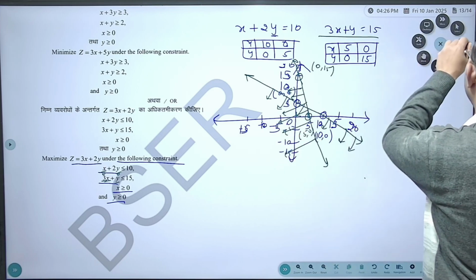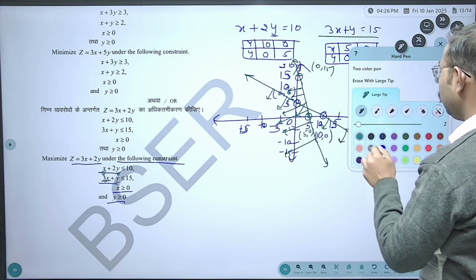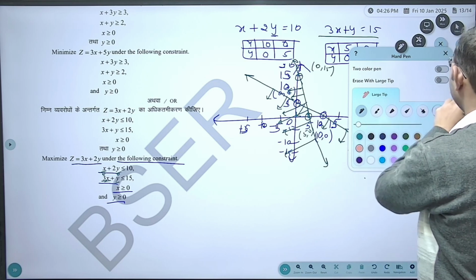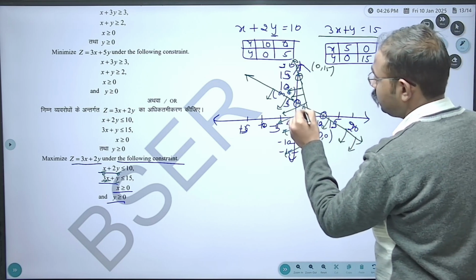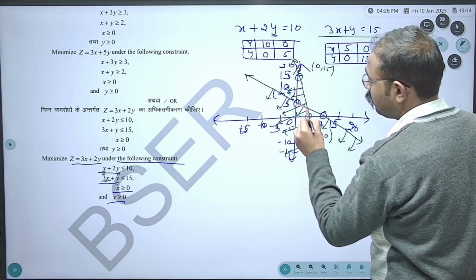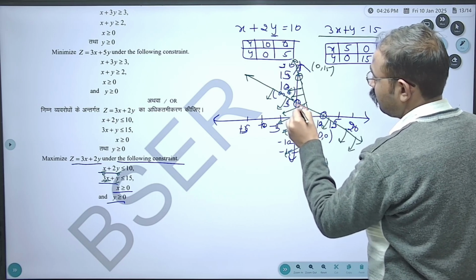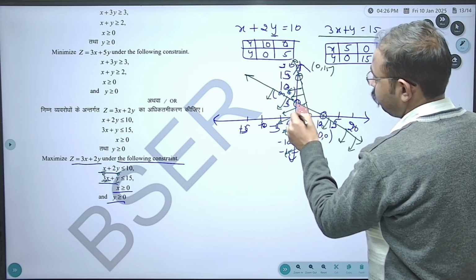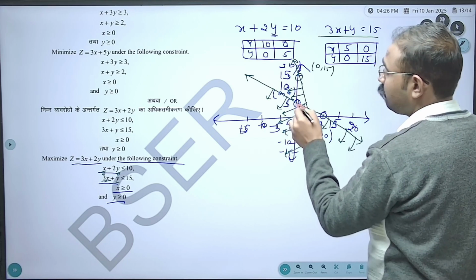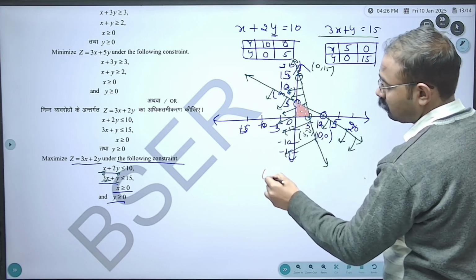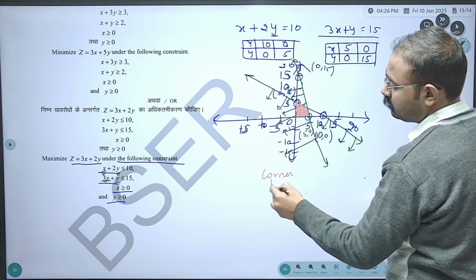Now which area we have to determine, means this will be our feasible region. And its corner points are these 4 points. Corner points.